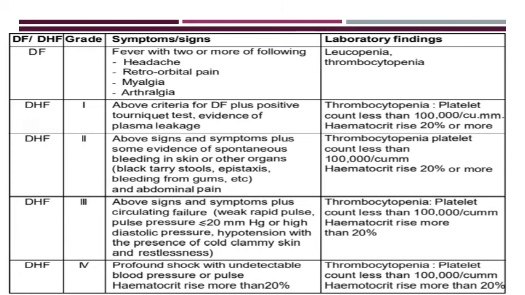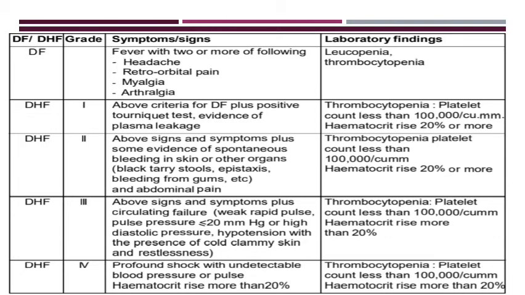In dengue hemorrhagic fever grade 3, in addition to above signs and symptoms, we have evidence of circulatory failure, which includes weak and rapid pulse, pulse pressure of less than or equal to 20 mm mercury, or high diastolic pressure, hypotension with the presence of cold, clammy skin, and restlessness.